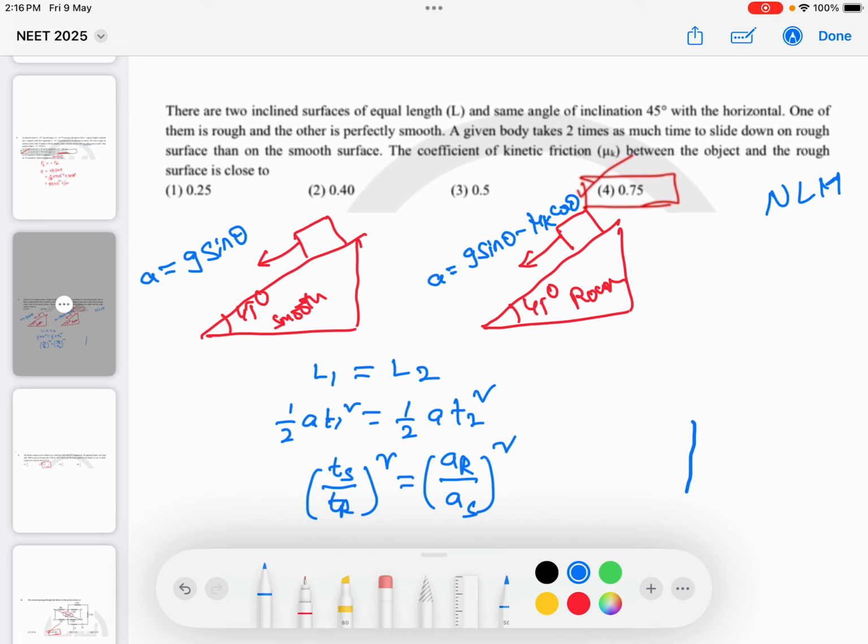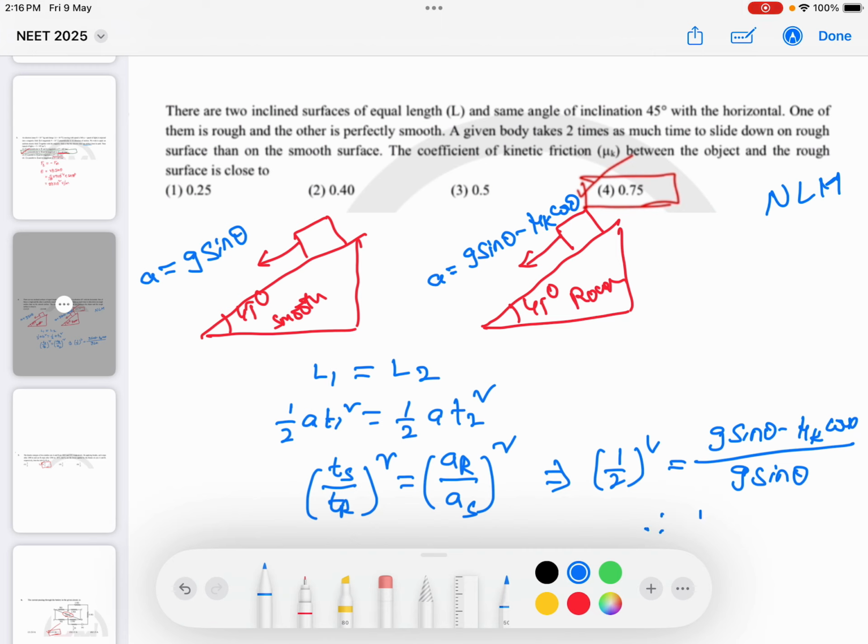According to data they are giving, Ts by Tr value is equal to (1 by 2) whole square, which is equal to (g sin theta minus mu k g cos theta) divided by g sin theta.